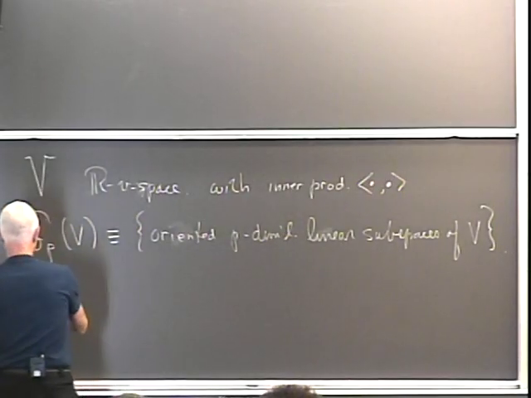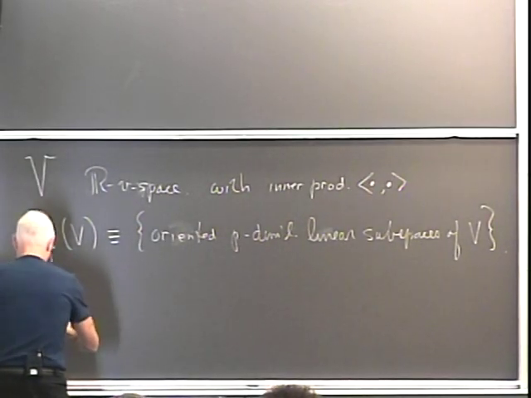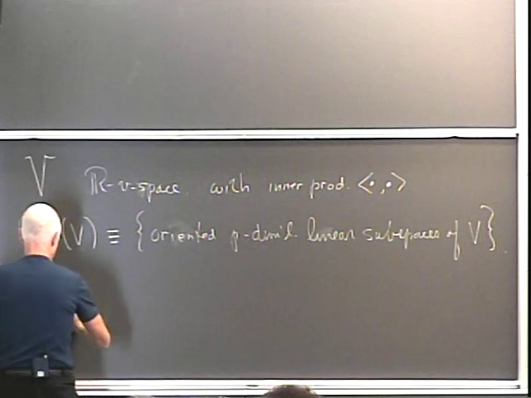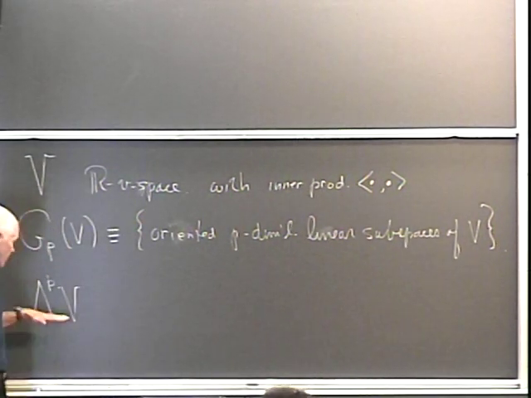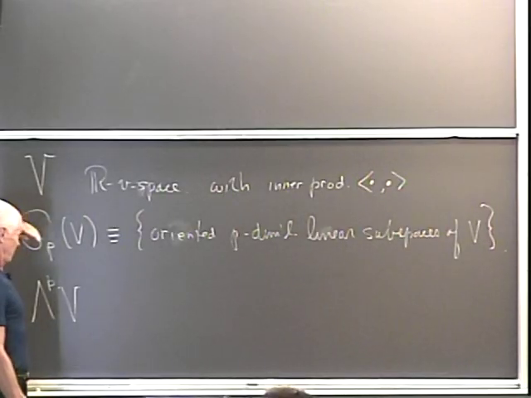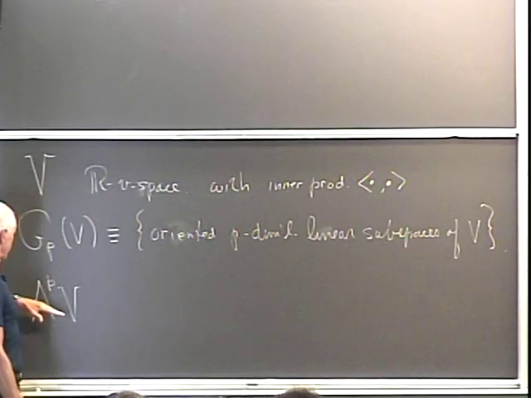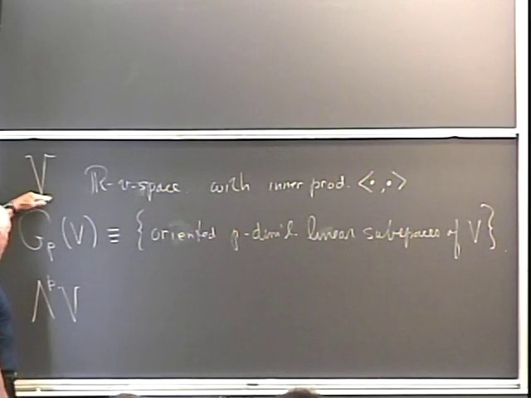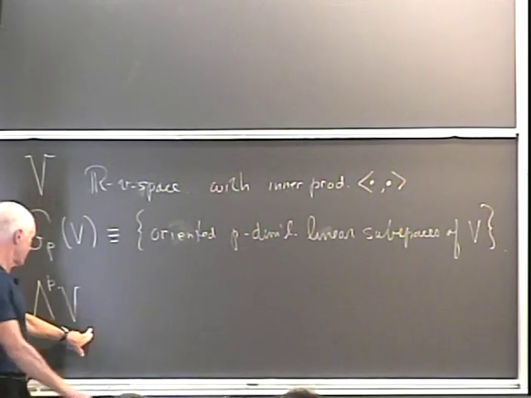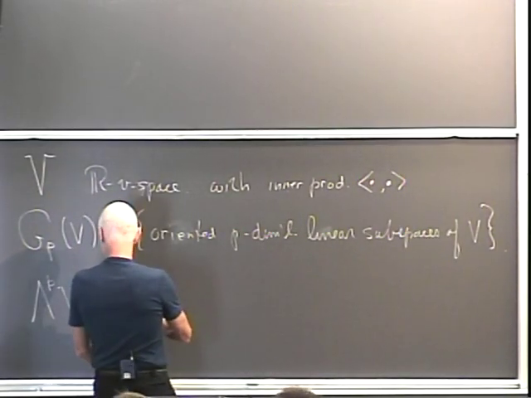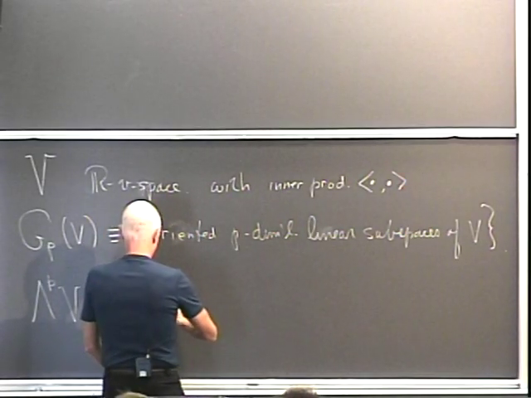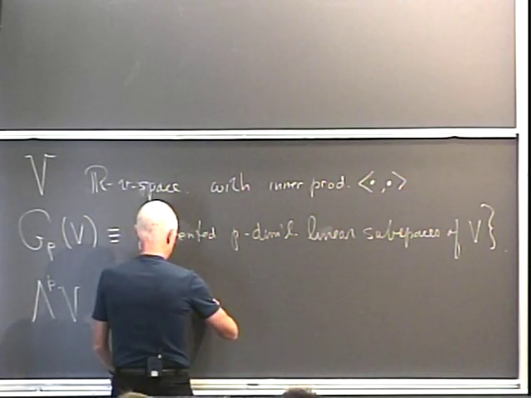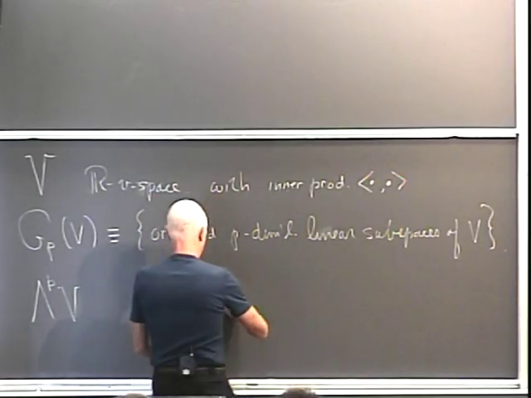Now we can also consider the pth exterior power of V. This is simply another finite dimensional vector space, and it carries a natural inner product, which is defined on simple vectors as follows.